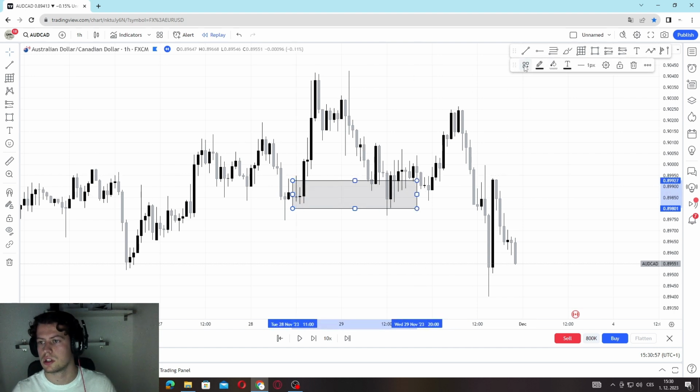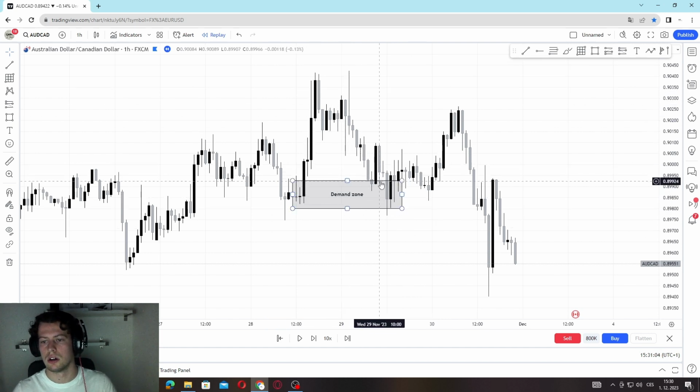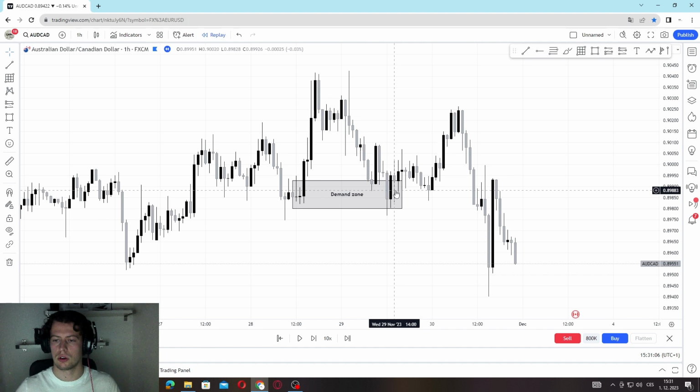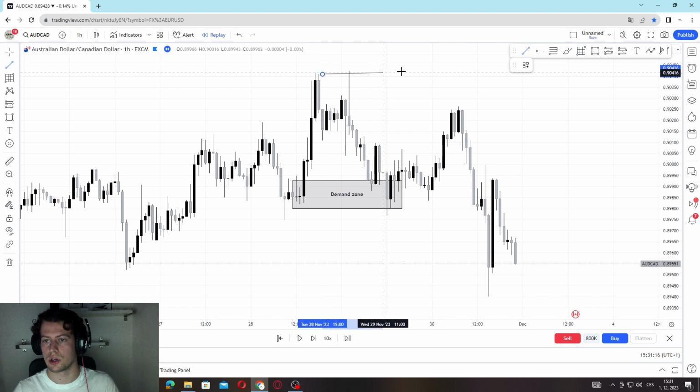I use it mostly. Here we have our demand zone, and the price should go and tap into it, and if you have some strategy you just execute, and it should go or break and make a break of structure.